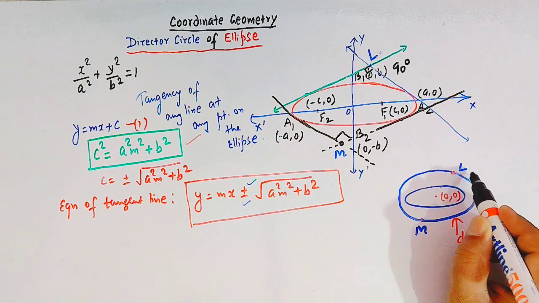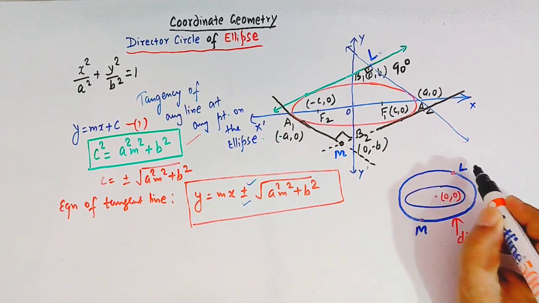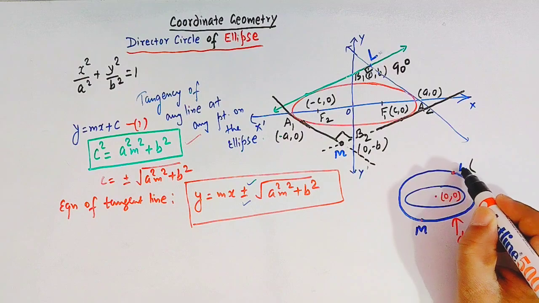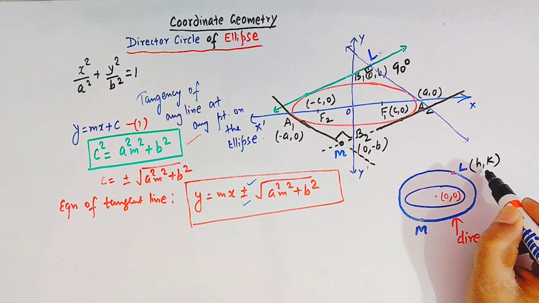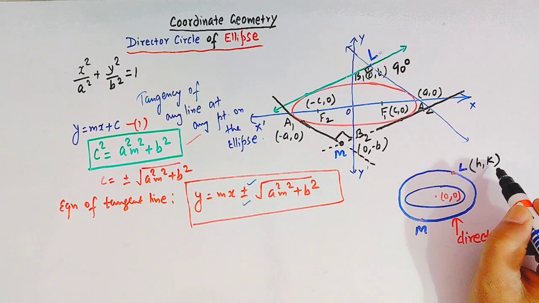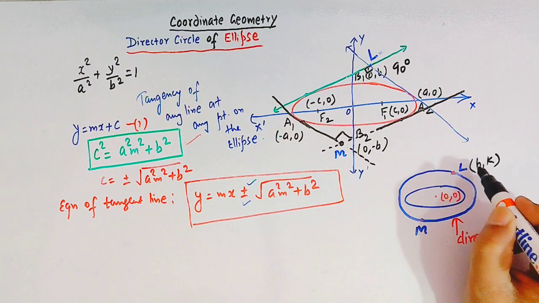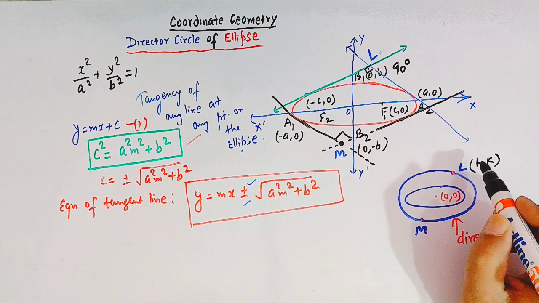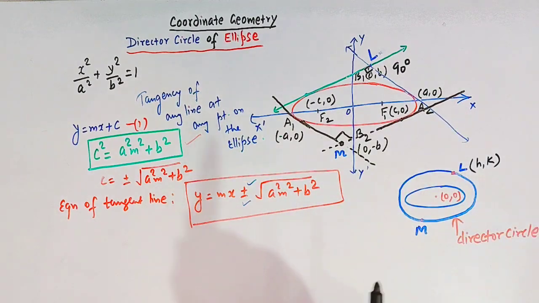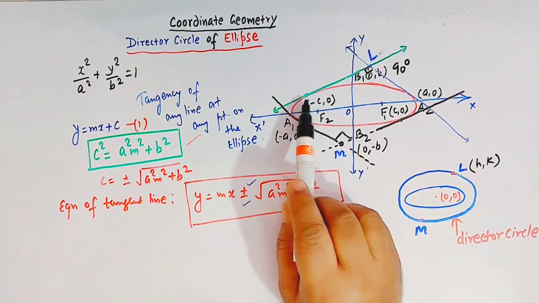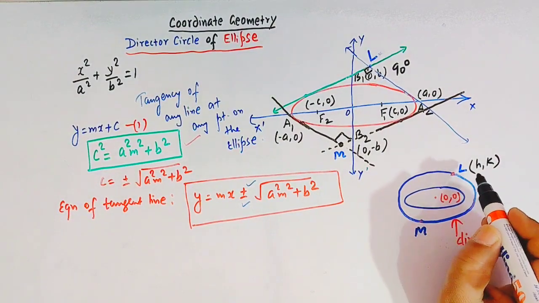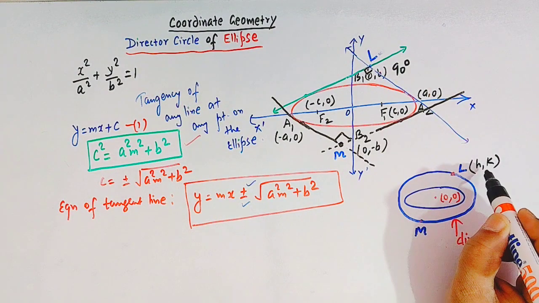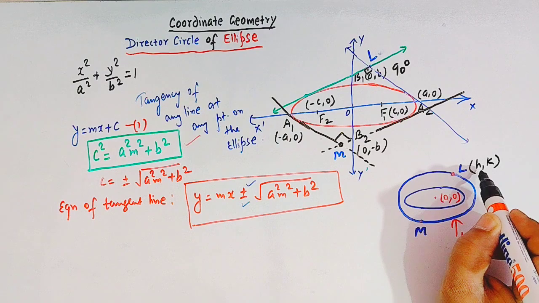For this, we'll take the coordinates of this point L as h comma k. We know that the director circle of an ellipse is the locus of all the points of intersection of tangents to the ellipse at 90 degrees. Now this point L has the coordinates h comma k.